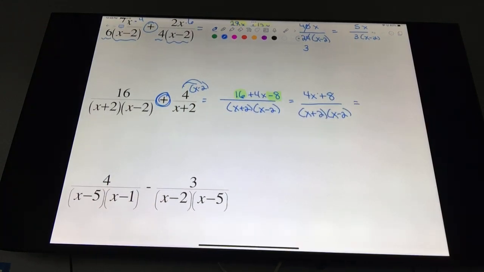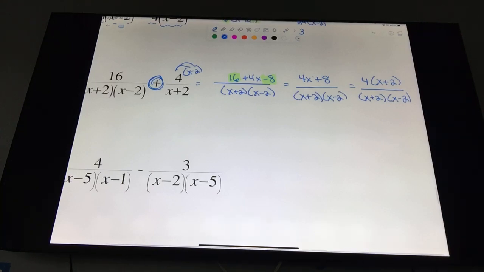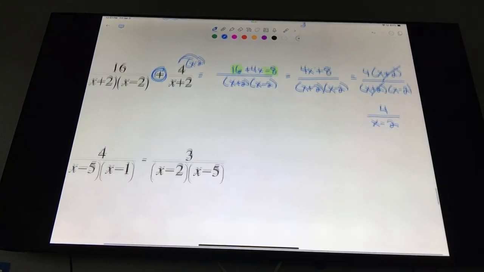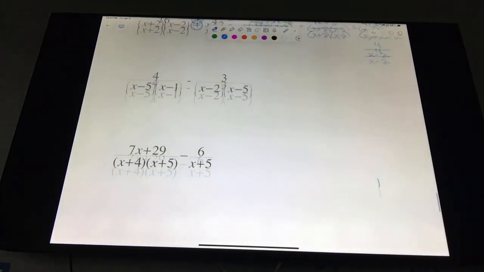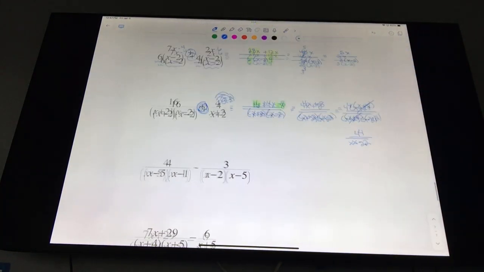What can I take out? A 4. So 4 divided into 4 leaves me x or 1x. 4 divided into 8 is 2. And then reduce, which I can also do. So this one had all 3 of those steps at the end.